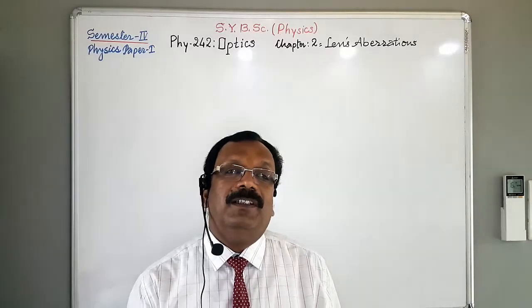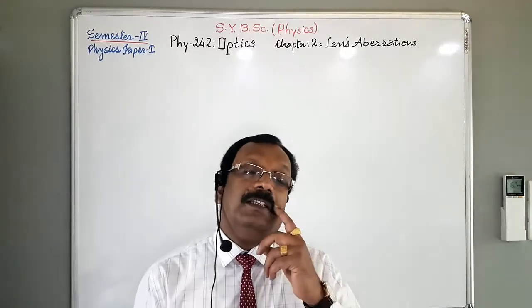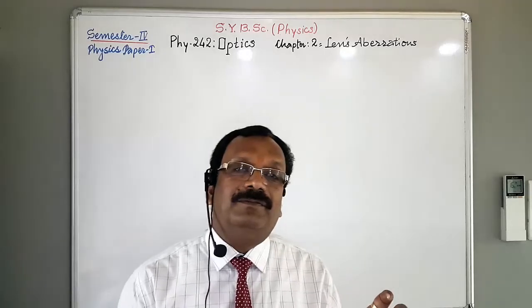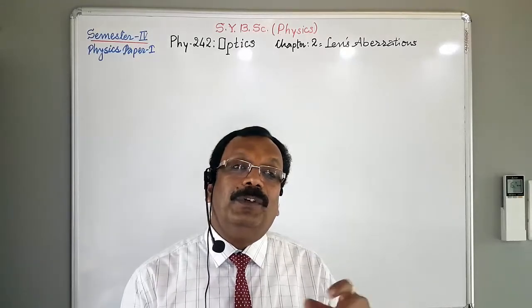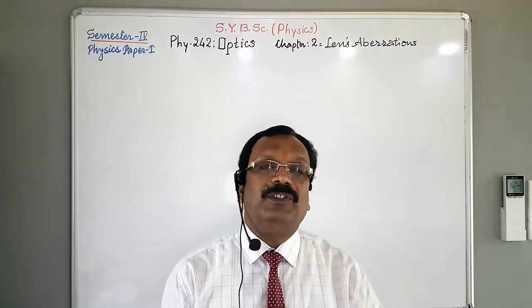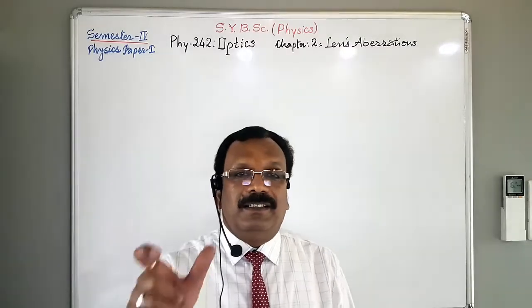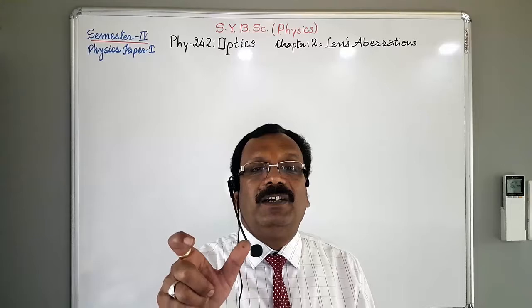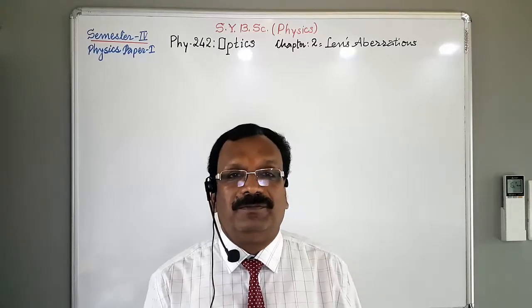That means what? In spherical aberration, due to large deviation of marginal rays and smaller deviation of paraxial rays, there is an axial or longitudinal aberration.